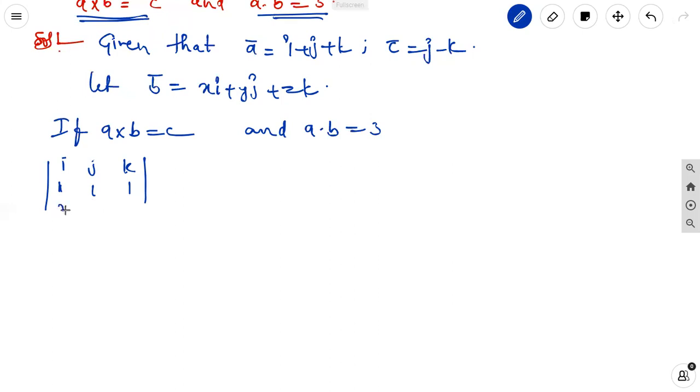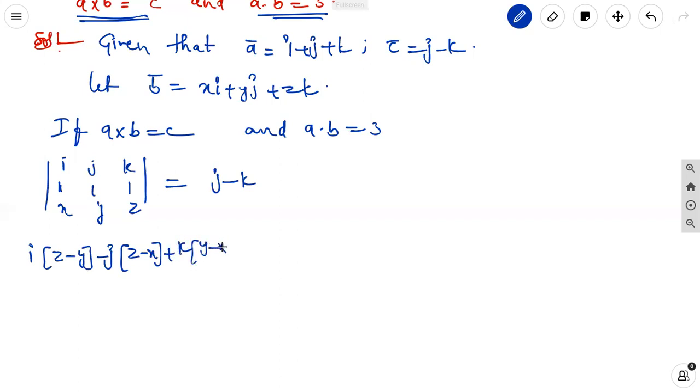B means x, y, z. C vector is j minus k. Finding the determinant: i into (z minus y), minus j into (z minus x), plus k into (y minus x), equals j minus k. Here we compare like coefficients on both sides.